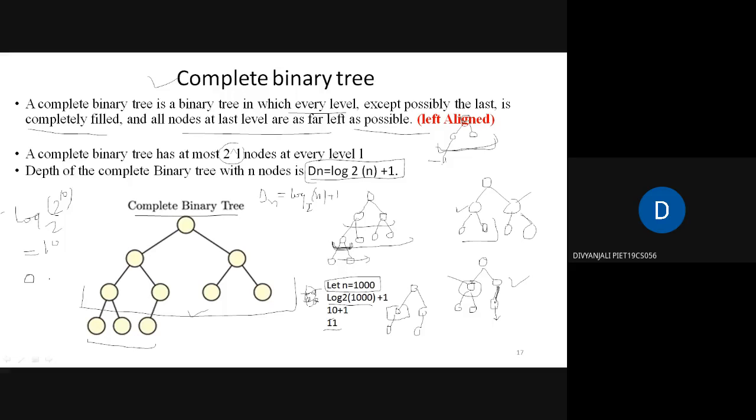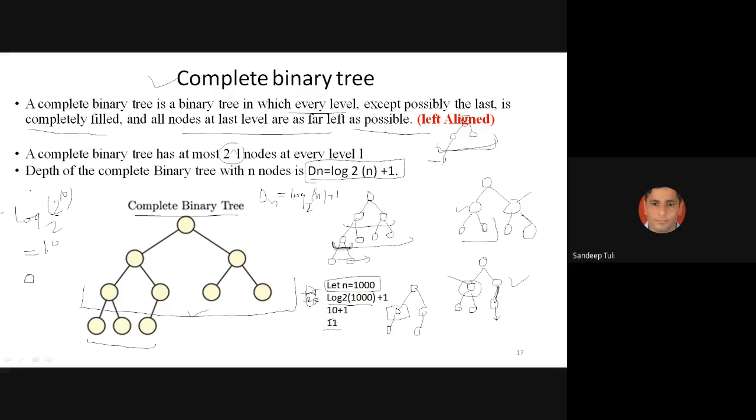Sir, if we calculate the depth of the single node, then it will be one. What is the relationship between the depth and the complete binary tree? Sir, the formula for depth is log base 2 of n, plus 1.